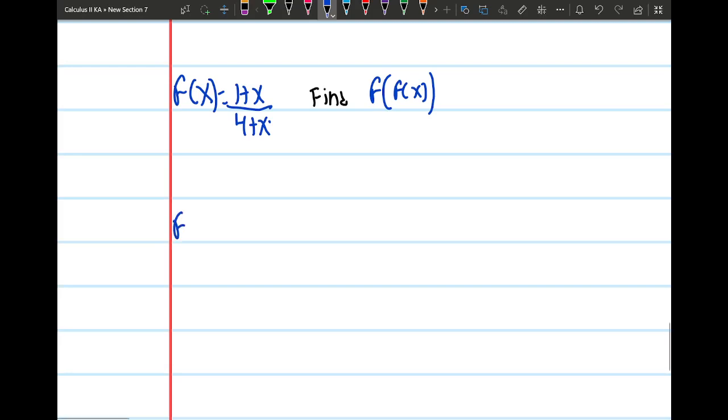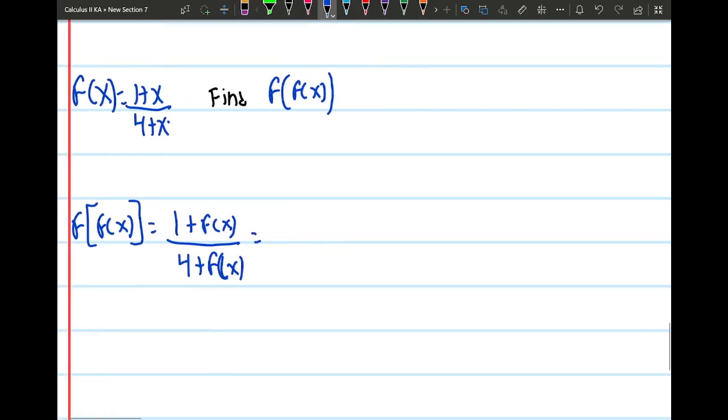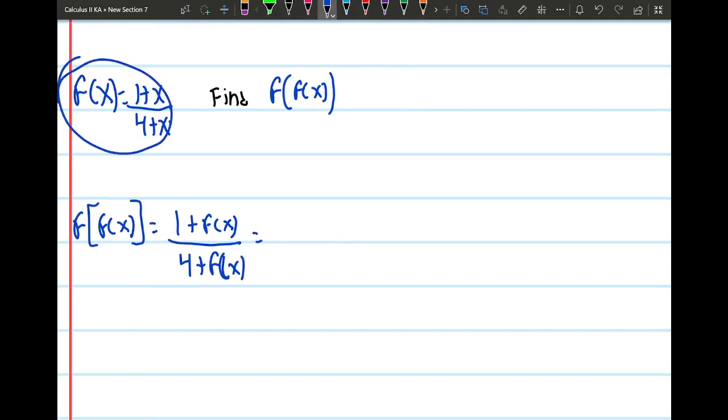So basically f of x is equal to 1 plus f of x over 4 plus f of x. Now put this whole thing in for these two things.